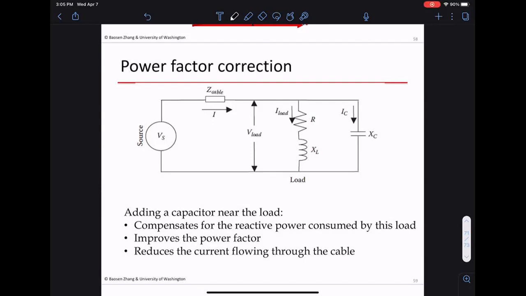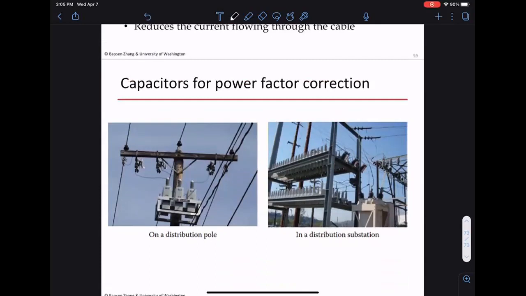And you do see this. When you actually look at these devices, you have capacitors. Physically, they're on the poles, they're close to ground, they're in substations. This is done very often to boost voltage.